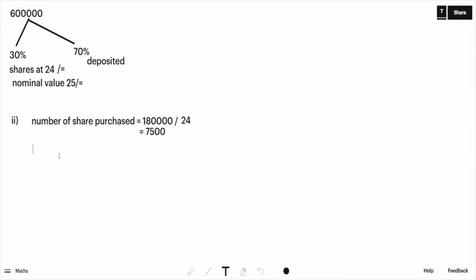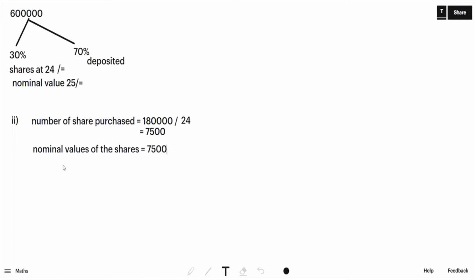Now we should find the value of these shares. 24 is not the market value; 25 is the nominal value of each share. They are asking us to show that the nominal value of all the shares is 187,500. We know that the nominal value of each share is 25.